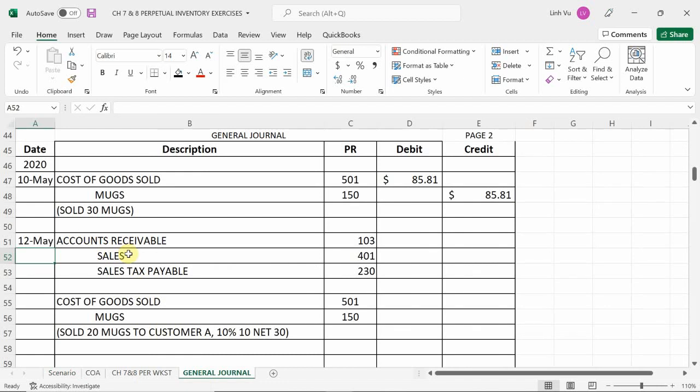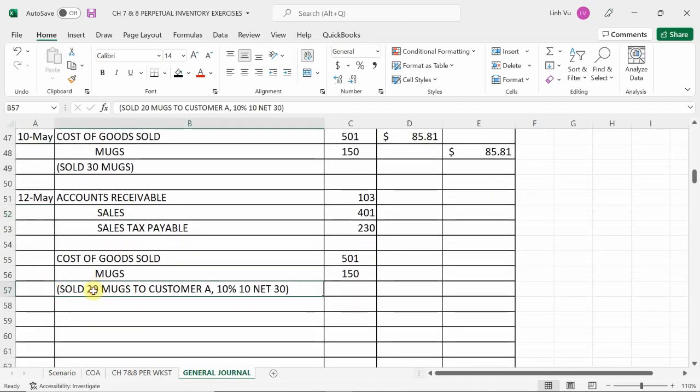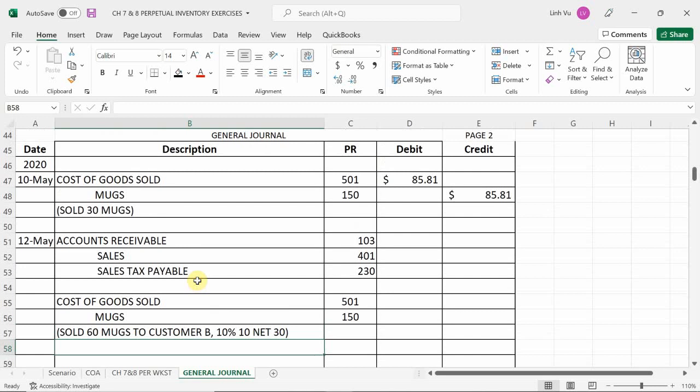So in this case, I'm going to adjust this real quick. We sold 60 mugs to customer B on an account, but we gave the terms to all of our customers to be the same, right? 10%, 10 net 30.